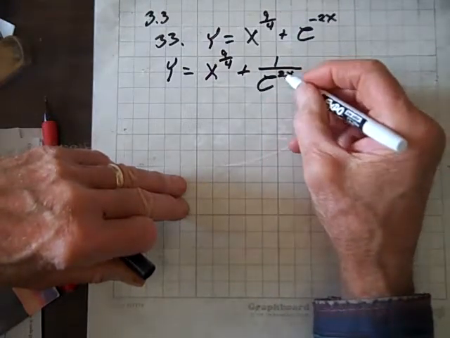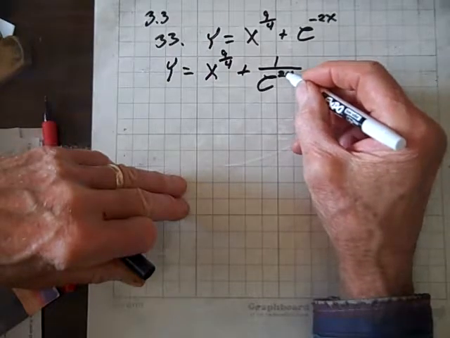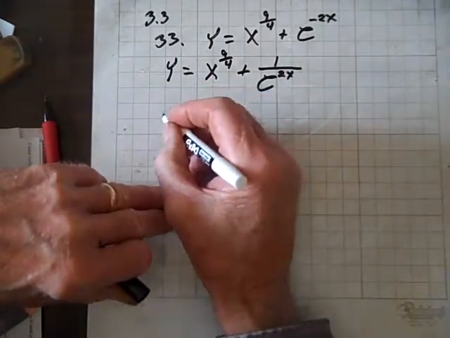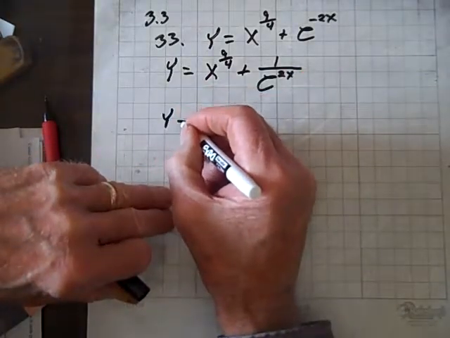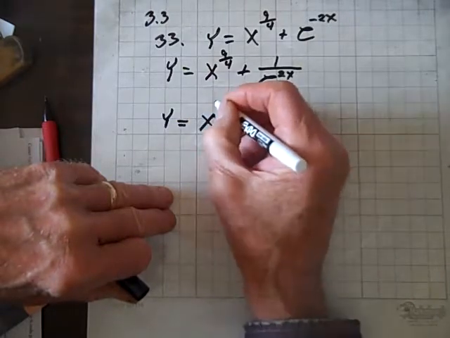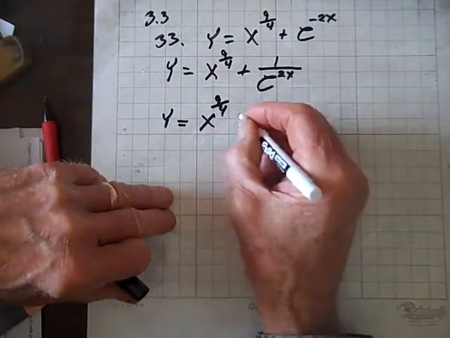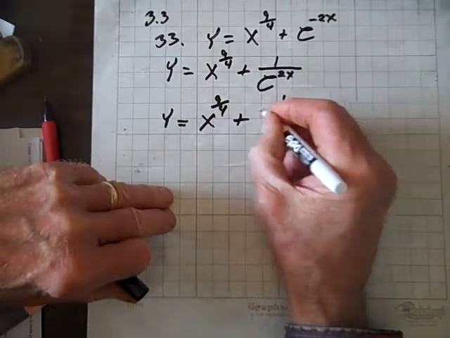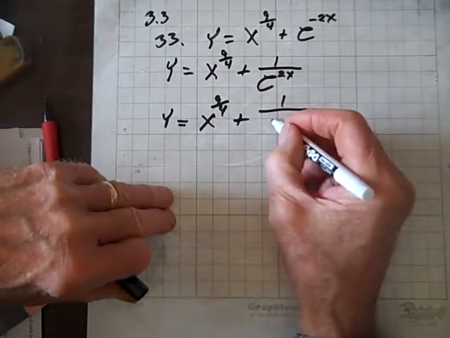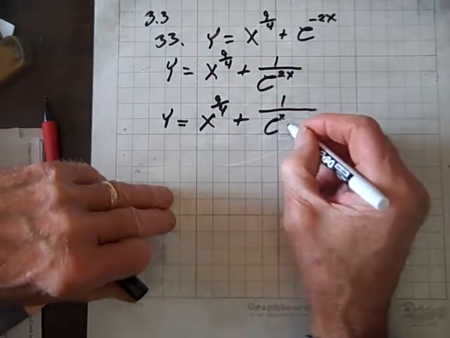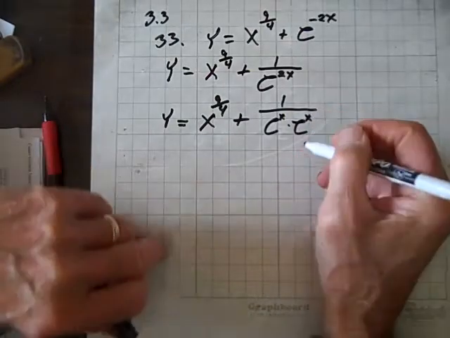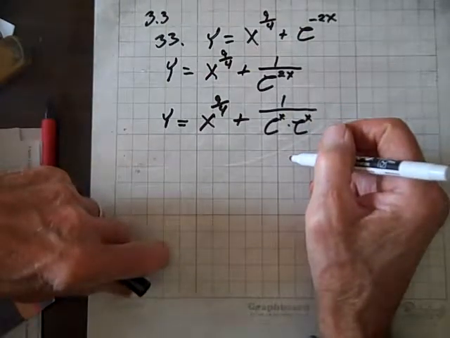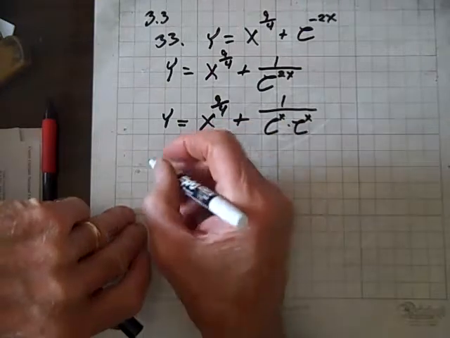And this still poses a problem, this 2x. We need an x on here in order for us to deal with it with the skills we currently have. X to the 9/4 plus, and we can write that as e to the x times e to the x. And now we can go ahead and take a derivative.